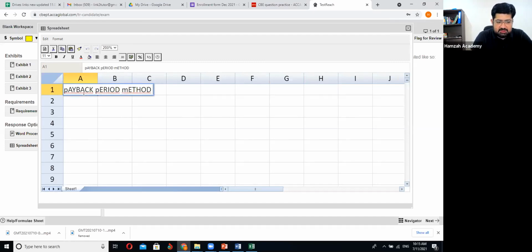Students, the first preference and the first concern of any investor in a business is by what time my investment will be returned.